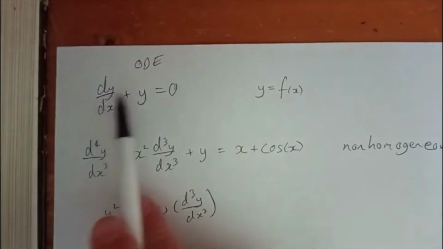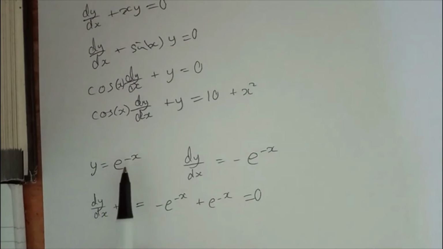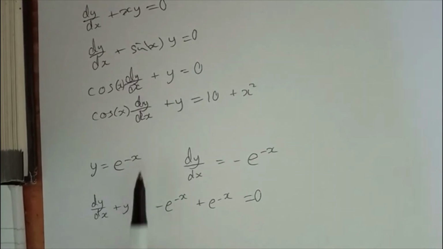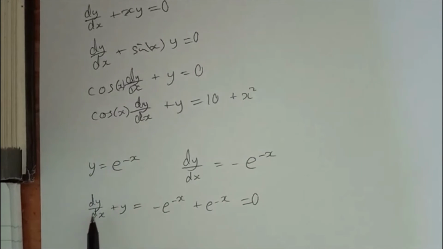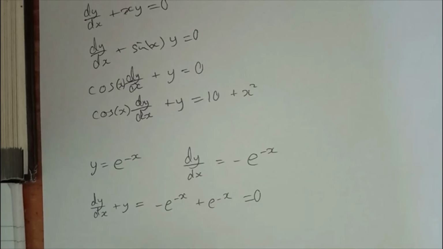Which solves the equation dy/dx plus y equals 0. So, as I've shown, e to the negative x solves that equation. The derivative plus itself equals 0.